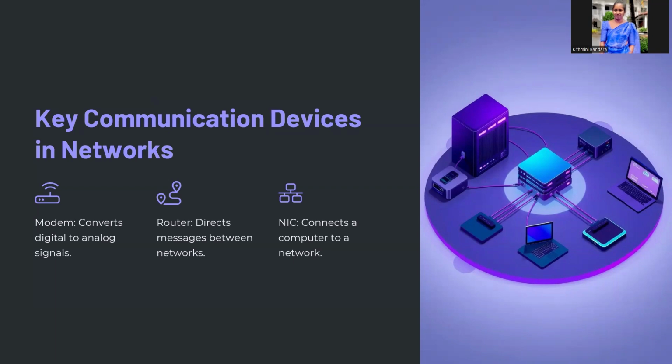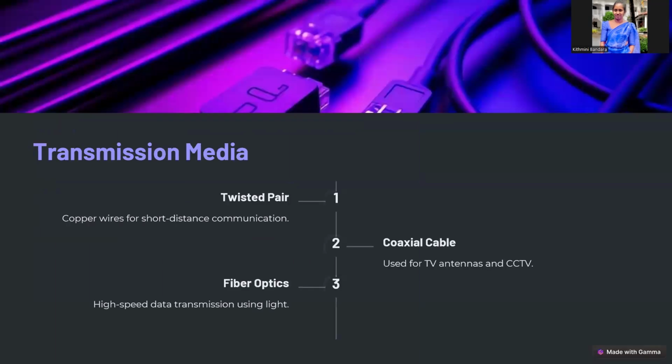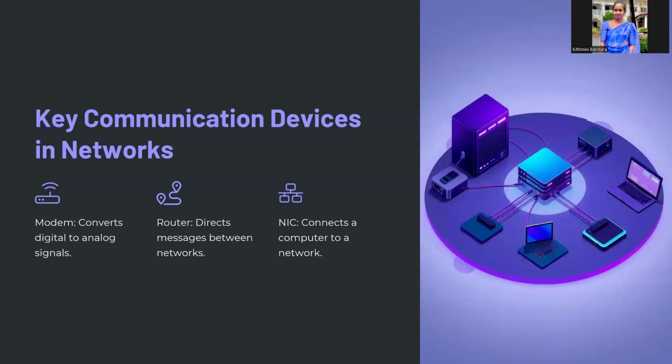For example, it helps send data from a home network to the internet. Then the NIC, Network Interface Card. This is a hardware component that allows your computer to connect to a network. Then another device is the switch or hub.